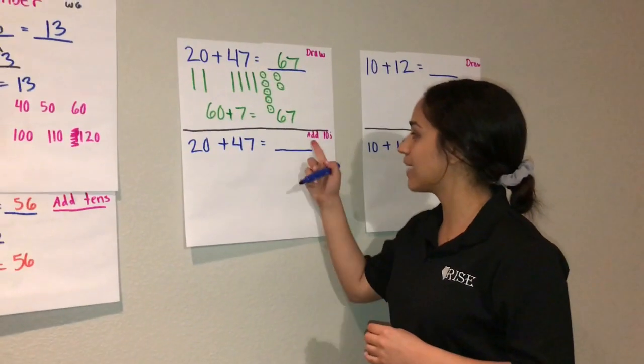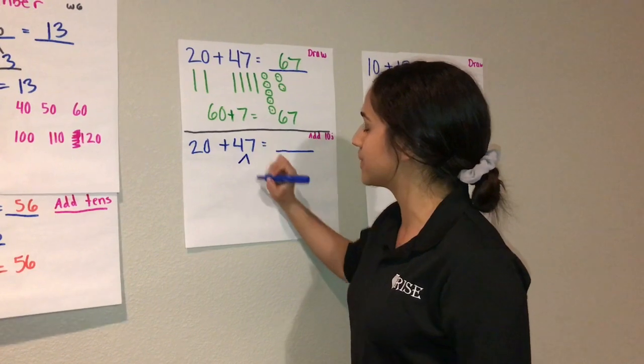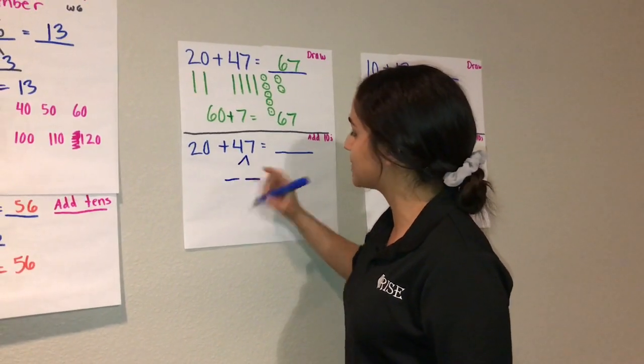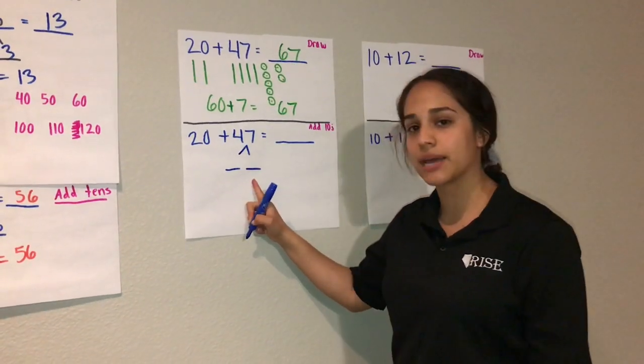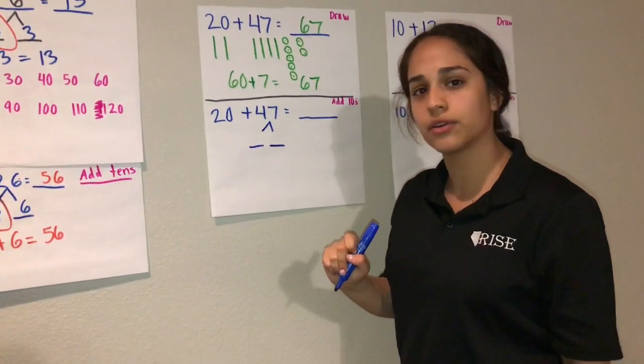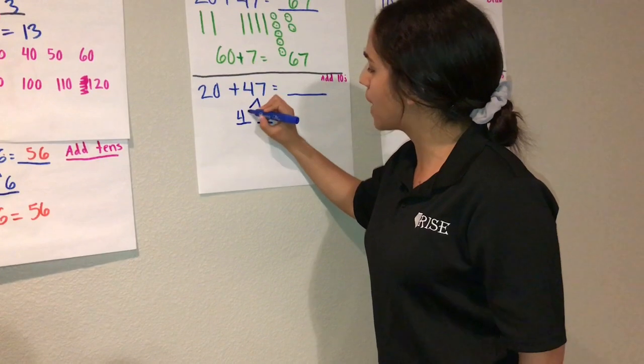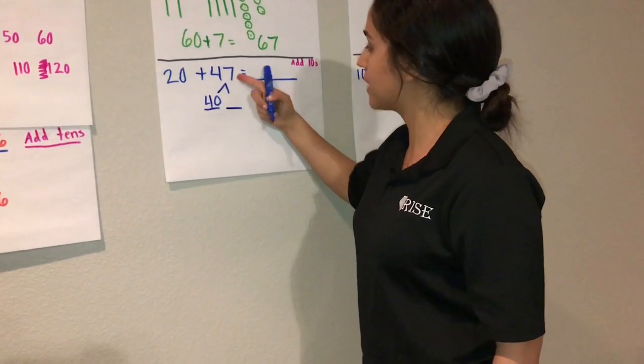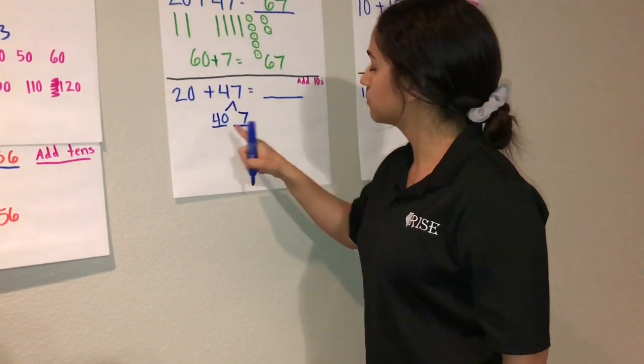Now we're trying it our add 10 way. Let's break apart 47. How many tens and how many ones can I put in the number bond? I see a 4 in my tens place. I know that that's 4 groups of 10, which is 40. And I can't forget about my ones.